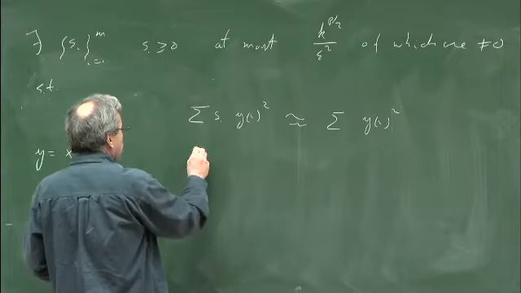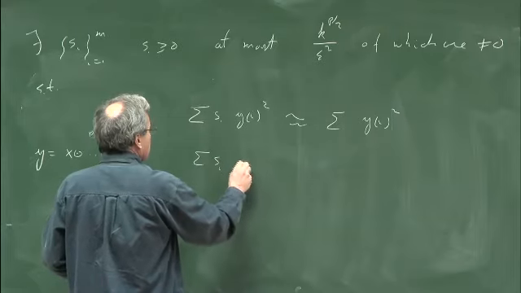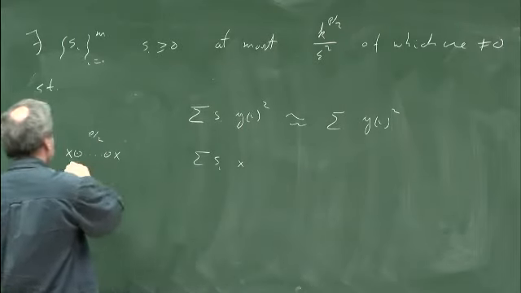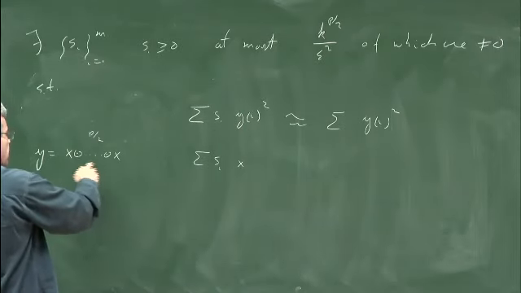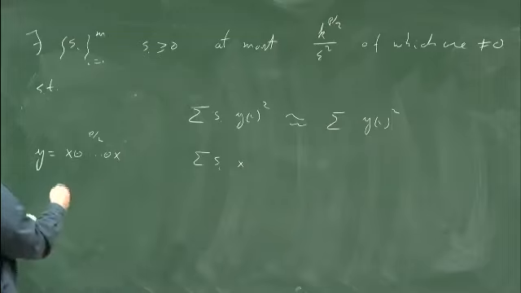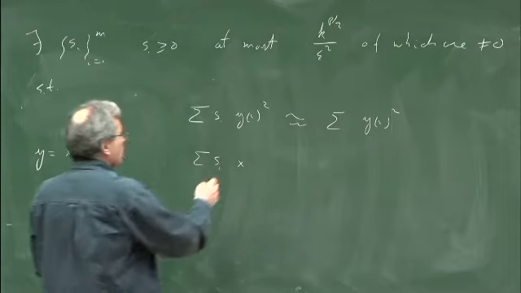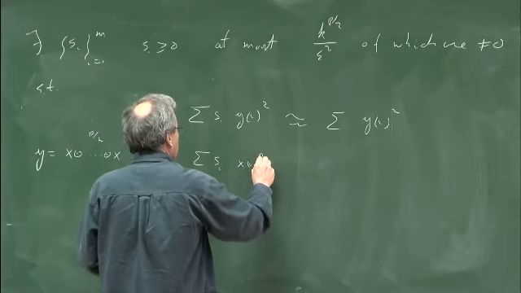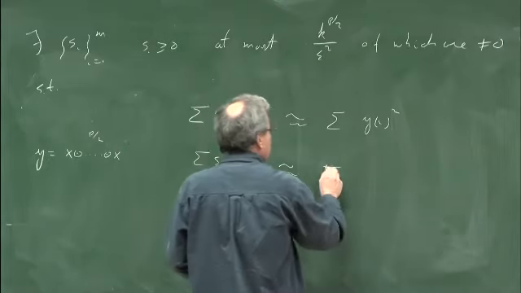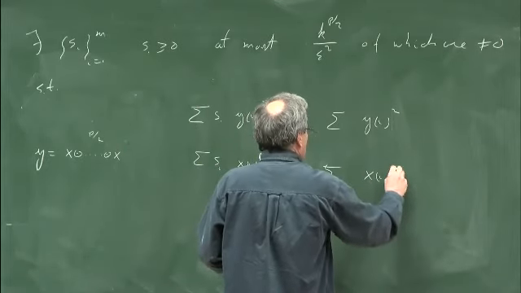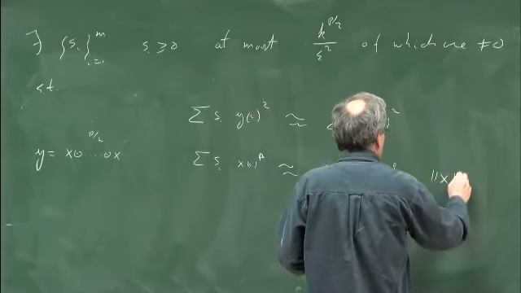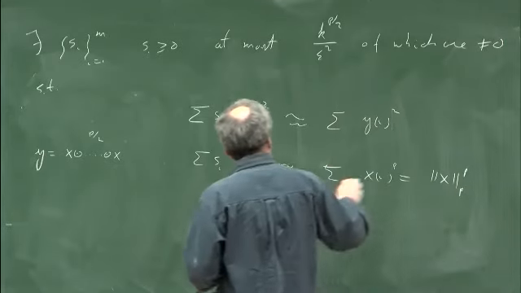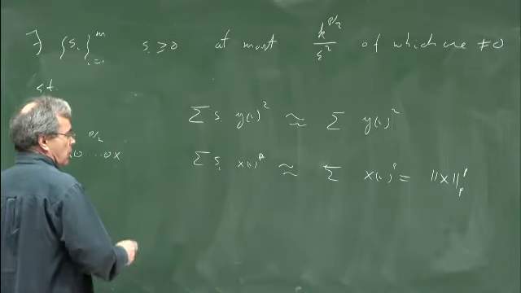So when you apply it to this thing, you get s_i. This thing is just the i-th coordinate of y, which is the i-th coordinate of x raised to the p over 2. So you get, and then there is another square here, so you get x_i to the p. The equivalent in here is the same, which is of course the L_p norm to the p of the original vector.